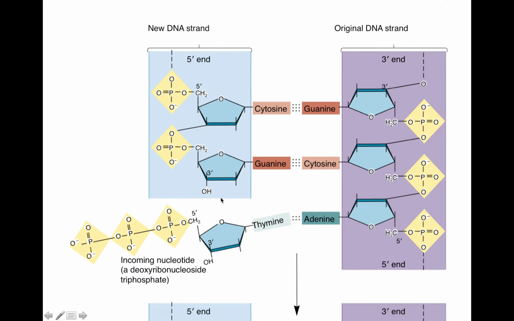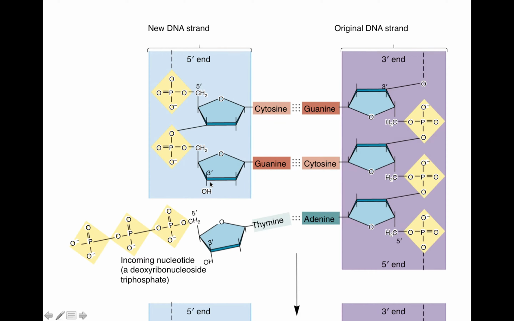DNA polymerases can extend the 3' free hydroxyl of a nucleotide that is hydrogen bonded to a template. It cannot initiate DNA synthesis on a single-stranded DNA template. It needs to extend a nucleotide with a free 3' hydroxyl that is hydrogen bonded to the template. That is true for all DNA polymerases.